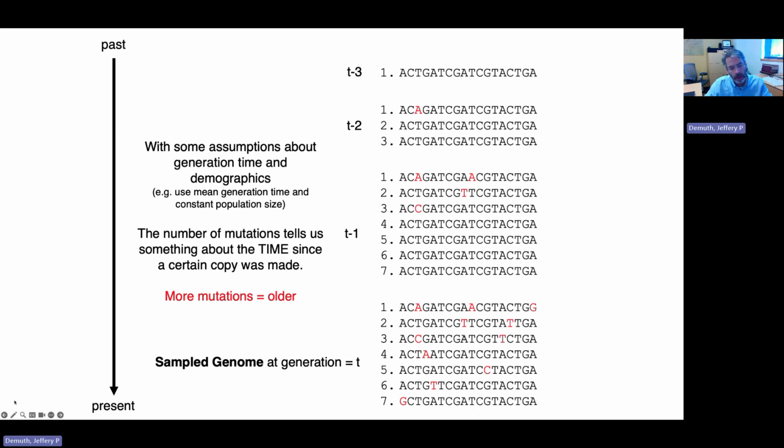We won't really get preoccupied with trying to determine what's the right time. We're just going to leave it on a scale of mutational differences, substitutions, and that'll be fine.